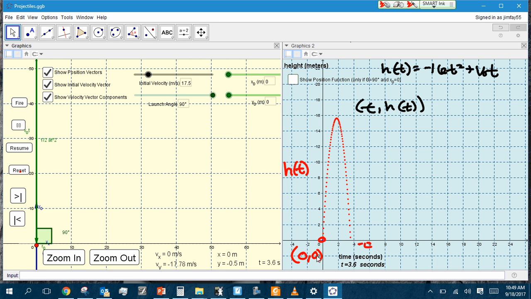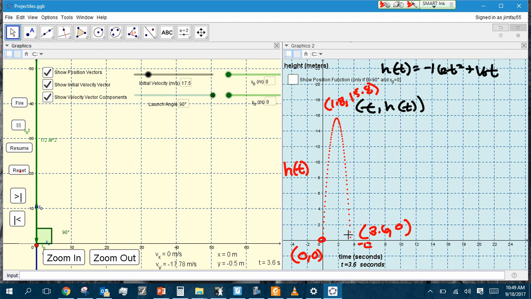Time is 0, height is 0. Over here, it looks like we have a time of about 3.6 and a height back down to 0. Here in the middle, it looks like we have about 1.8 as our time and a height of maybe 15.8 or something like that. Again, all these points are t, comma, the height at that time.